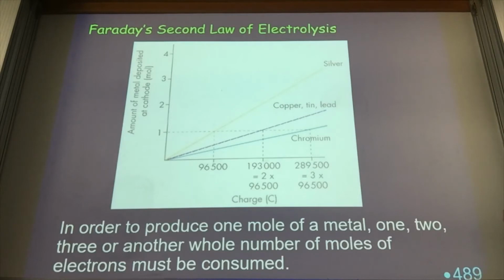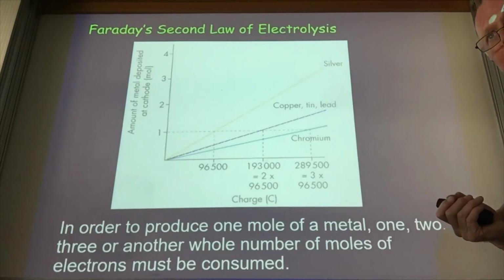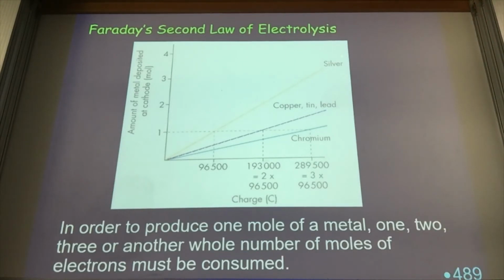Now you've probably figured out already where those numbers 1, 2 and 3 come from. They're simply the charges on the ions in each case. We know that to reduce 1 mole of copper ions to copper metal, it's going to take 2 moles of electrons. And it was Faraday who made that realisation of what's occurring.